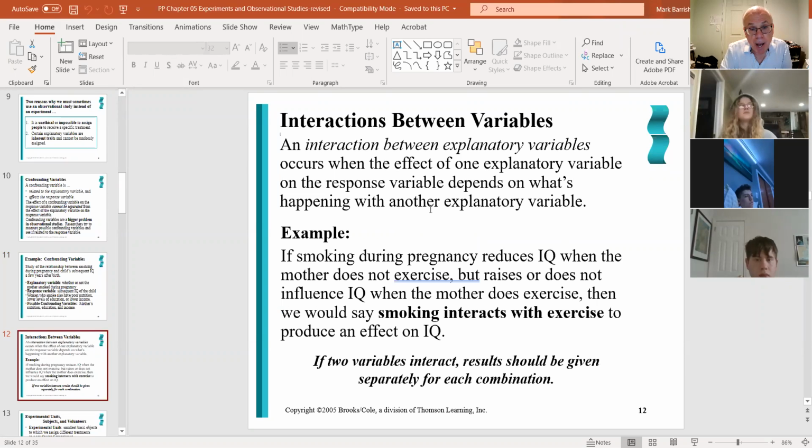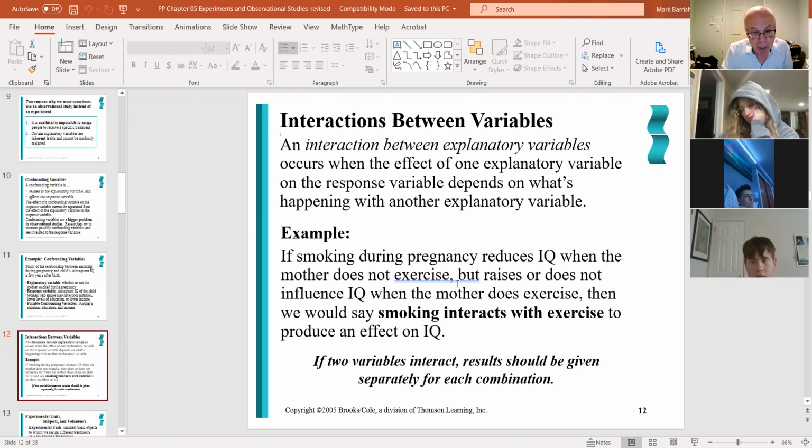Sometimes variables interact. In other words, there's an interaction between explanatory variables, and that may also cause different types of changes in the response variable. Here's an example. Smoking during pregnancy reduces IQ when the mother does not exercise, but raises or does not influence IQ when the mother does exercise. Then we would say smoking interacts with exercise to produce an effect on IQ.